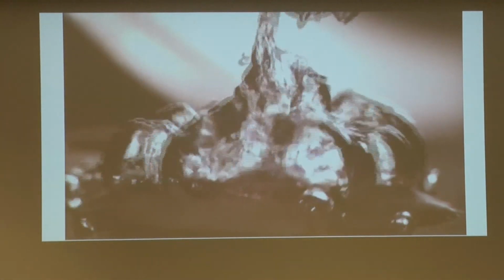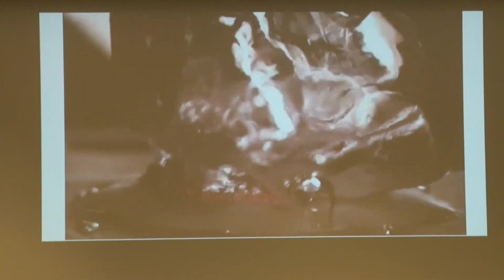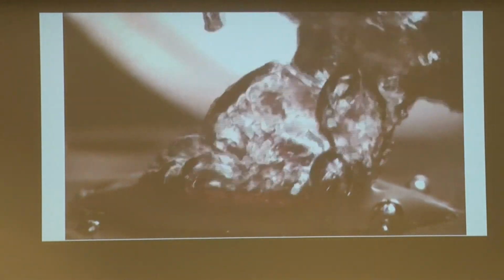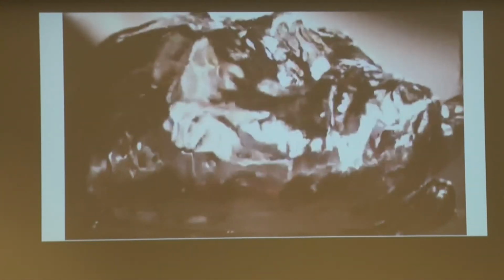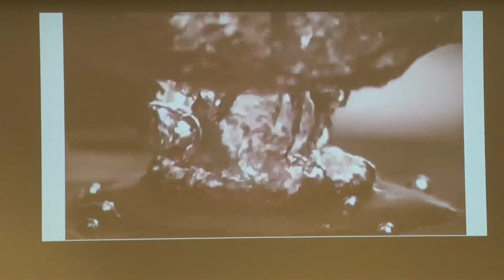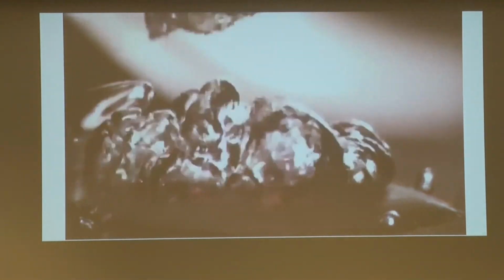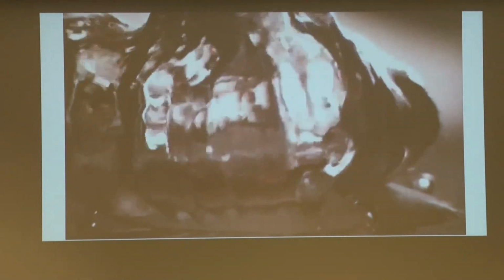Looks like a pulsating onion. Isn't that awesome? I don't know why they don't show any more videos. Probably they destroyed their system.